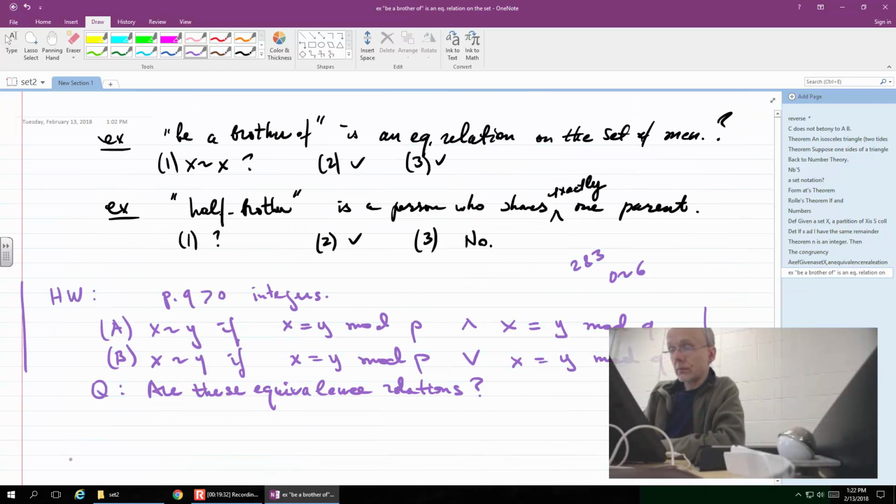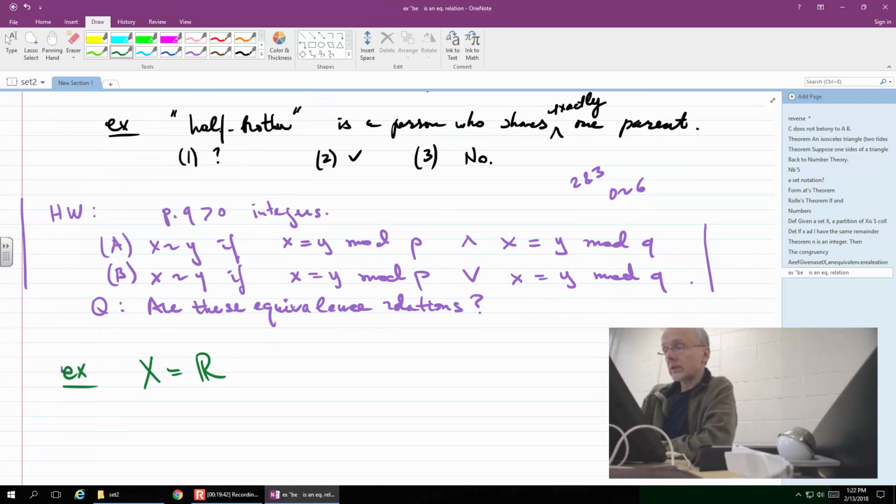So I'm saying that my set will be not Z but rather R. Okay, and say x is equivalent to y if x minus y is an integer.